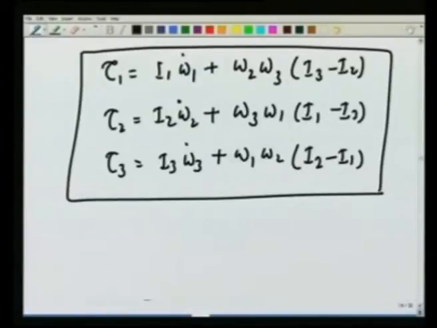We will now apply these equations to some other examples and see what we get.